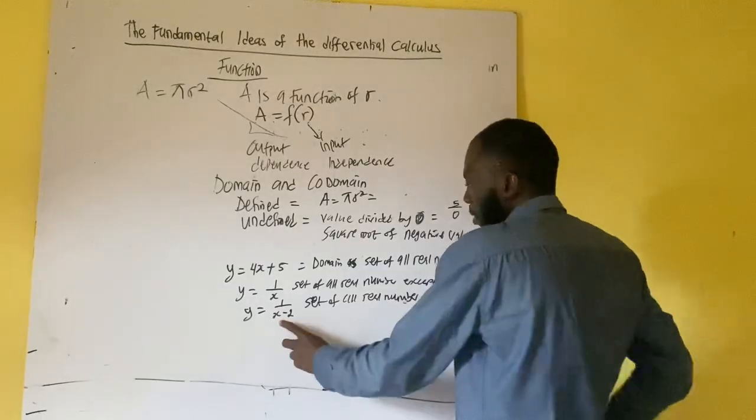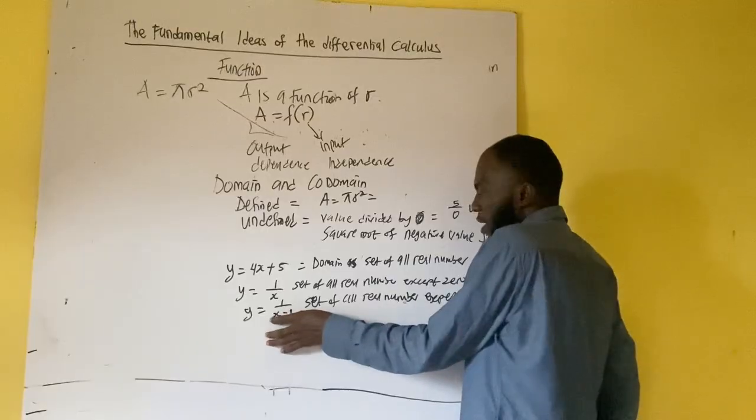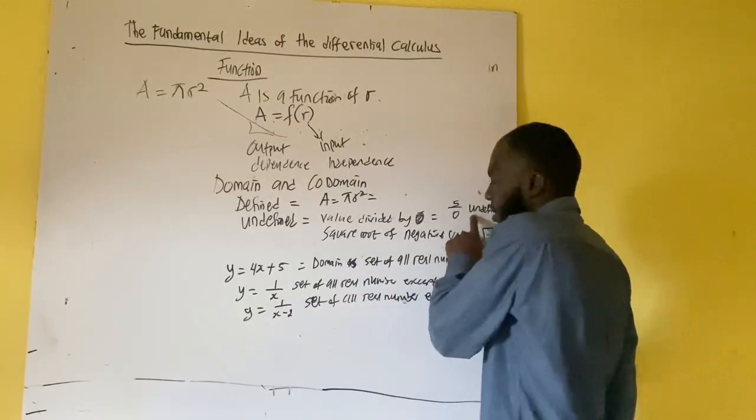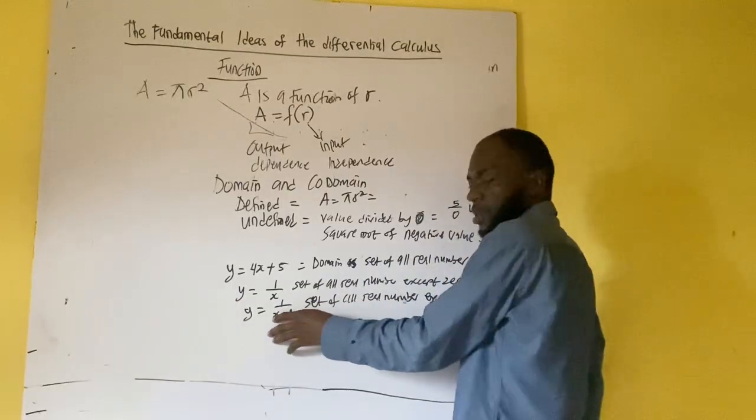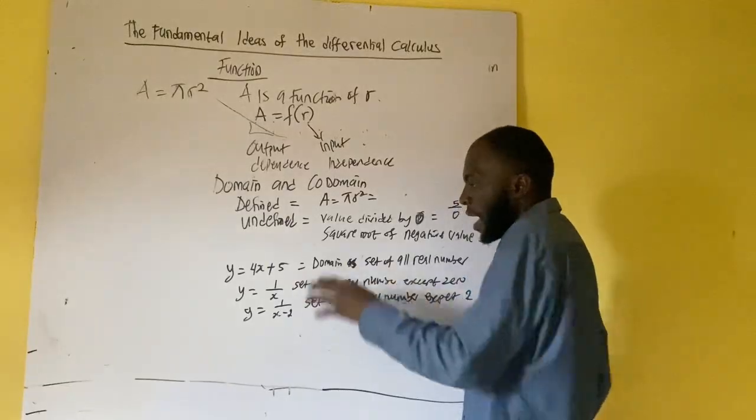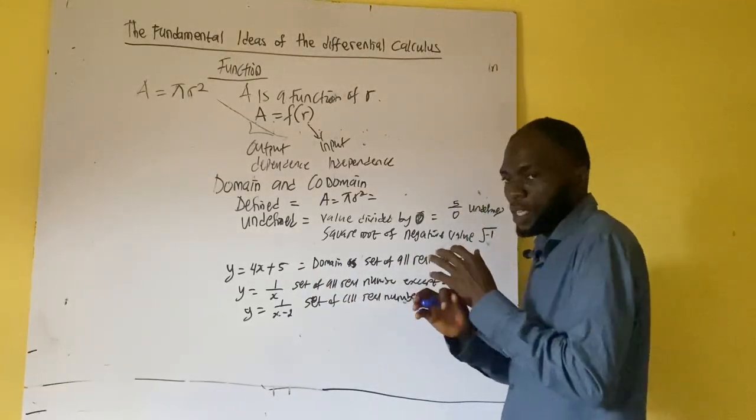Because if I have 2 as x, I'm going to have 0 here, and it's going to give me undefined. It does not make sense mathematically. I hope it's clear. This is about the domain.